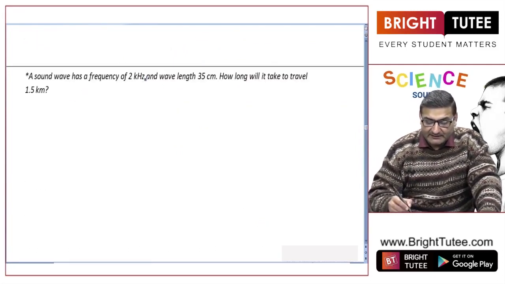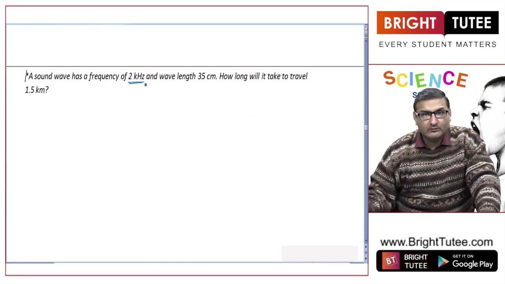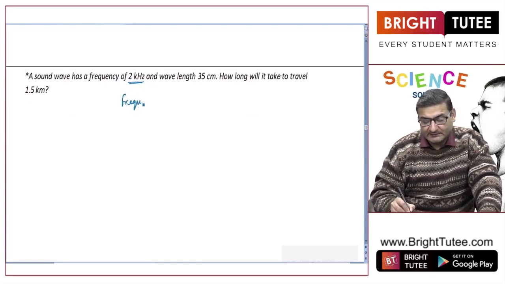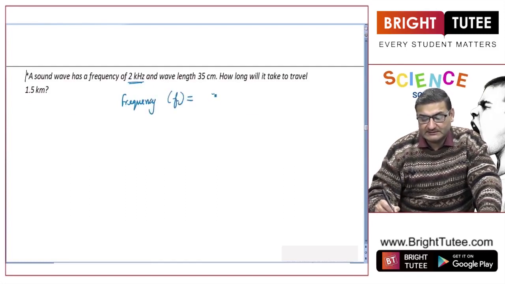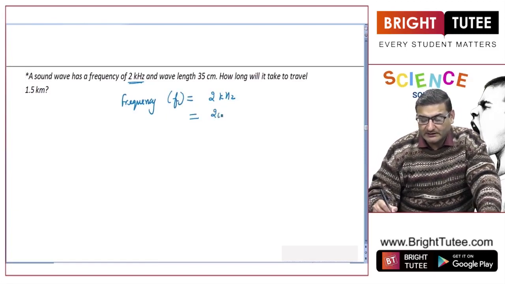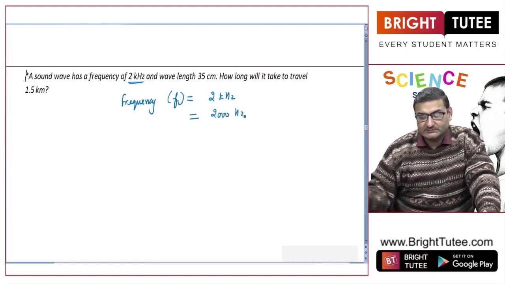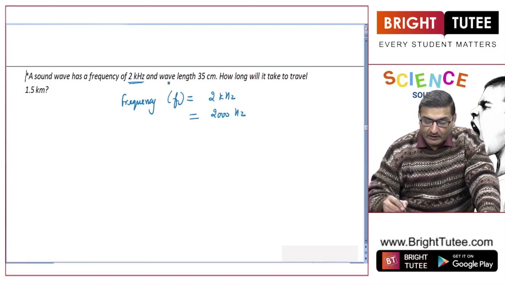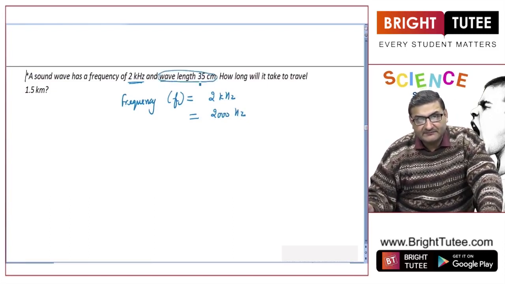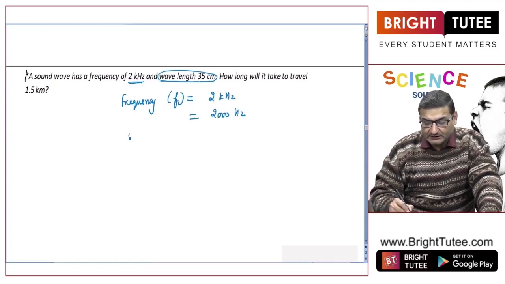A sound wave has a frequency of 2 kilohertz. Now the frequency is given to us in kilohertz, and we know that the SI unit of frequency is hertz. So we will convert it into our SI unit, and kilo means 1000. So this comes out to be 2000 Hertz, right? And the wavelength is given to be 35 centimeter.